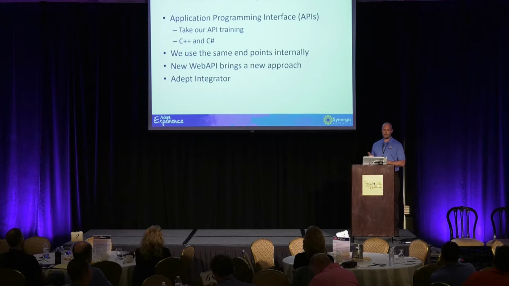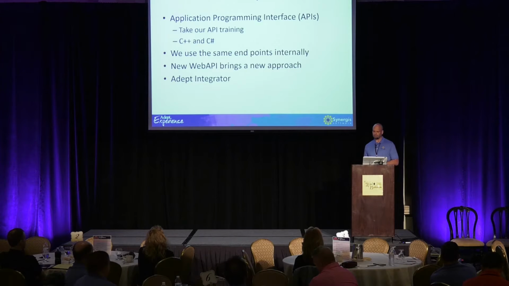But the new web API in the future will bring potentially a new approach for that and a different way of approaching our API. And then a little later this conference, there's a talk about the Adept integrator. And so that's also a piece of the puzzle here to help integrate systems. And in some cases, we may need to enhance Adept's APIs in order to do everything that you folks want to have happen with the Adept integrator.